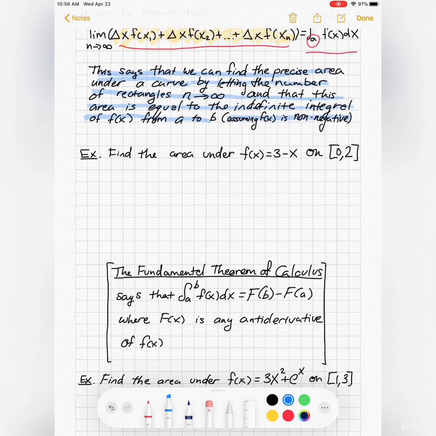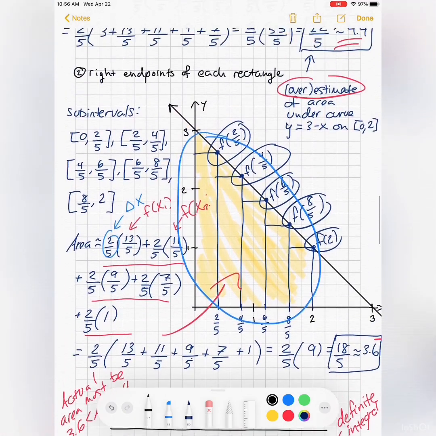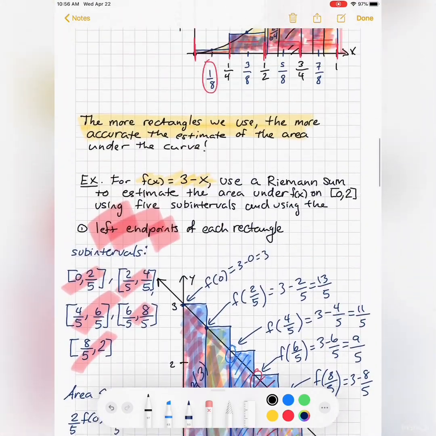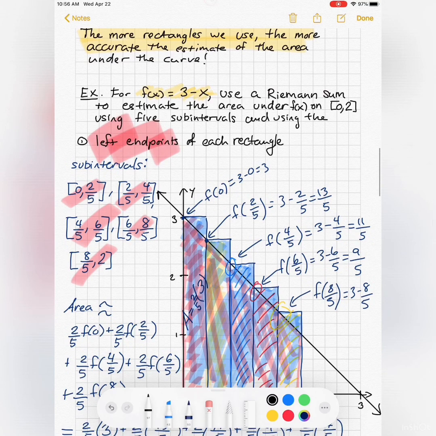Okay, so let's take a look at some of these functions. So what I thought we would actually do is look at this same function, f of x is 3 minus x, on the interval 0 to 2. Now, that's what we did up here. So again, I'm referring back. So here was the example that we did in the previous section.